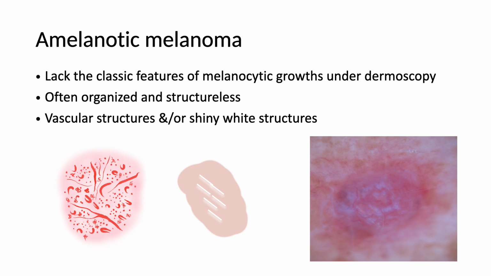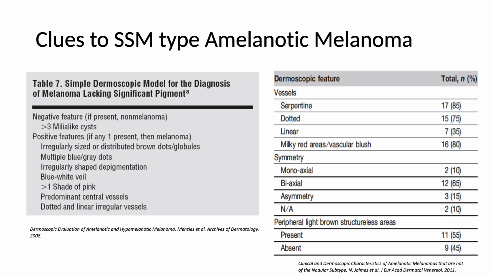or shiny white structures. Some of the earliest publications on this topic looked at amelanotic melanomas that were of the superficial spreading type. And they found that there were some features that were negative predictors, meaning if they were not present, they were very much likely to push us away from melanoma.